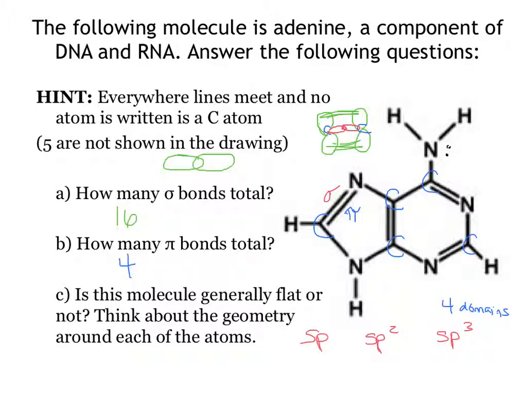Okay? sp2 hybridization is a combination of 1 s and 2 p's, just like it sounds like. So how many electron domains would we expect? Exactly, 3 electron domains. All right, and here's where there's an extra layer. I said that I've used 1 s and 2 p's.